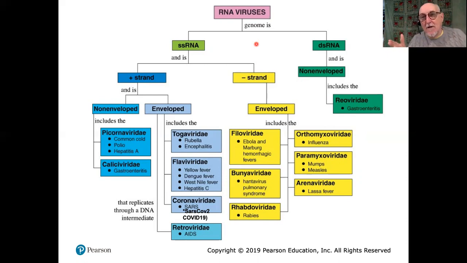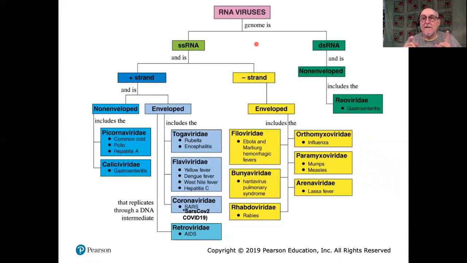I hate to introduce another complication for you, but there are two ways in which you can have a single-stranded RNA genome. The first is if that RNA strand is just like messenger RNA.